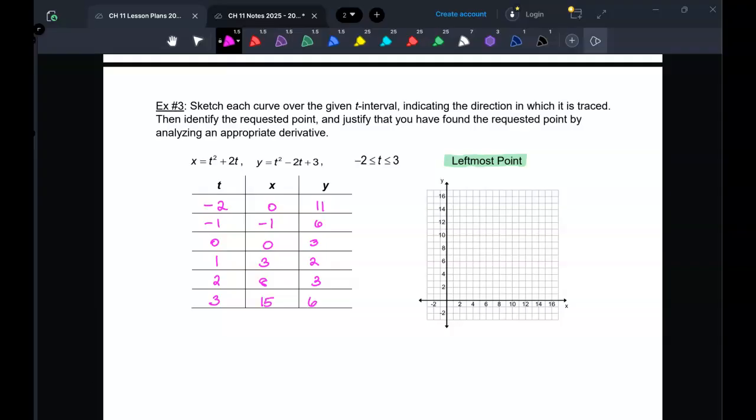So starting at 0, 11, -1, 6, 0, 3, 3, 2, 8, 3, and 15, 6. It looks like a Nike kind of swoosh.